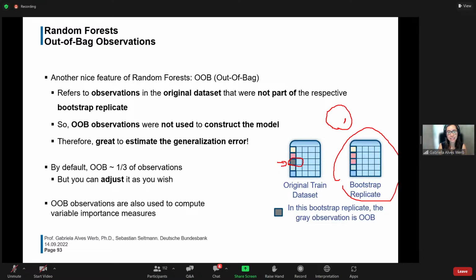And because these observations were not used to train the model, this is typically also what the packages will do when you ask for a measure of variable importance. They will compute this using the out-of-bag observations, right? And that's something that's also important there.